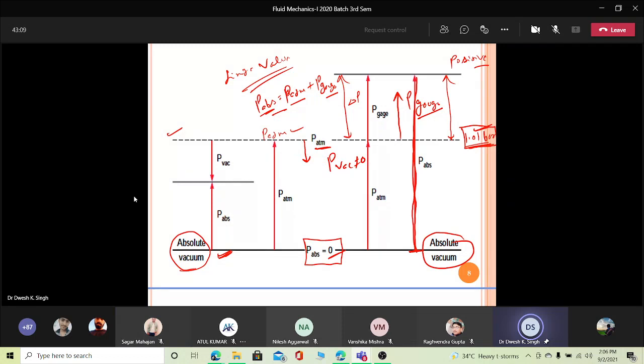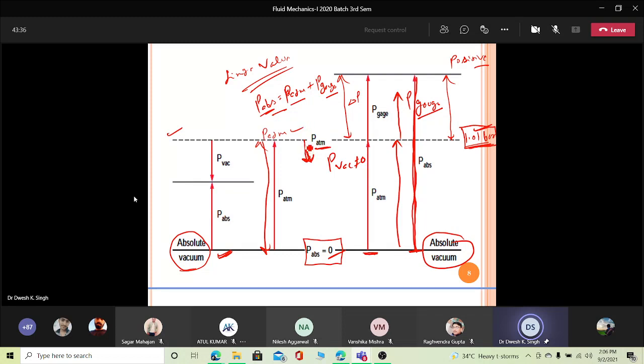So vacuum means the pressure less than atmospheric pressure, and the amount will vary from 0 to this atmospheric. As soon as we start going down from the atmospheric pressure, it is called vacuum. But at the absolute line, you will get a complete vacuum, means total pressure is 0.